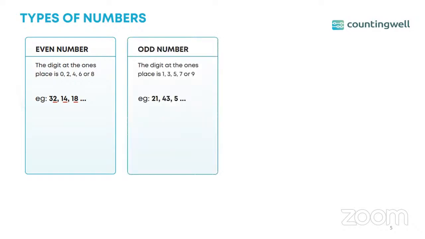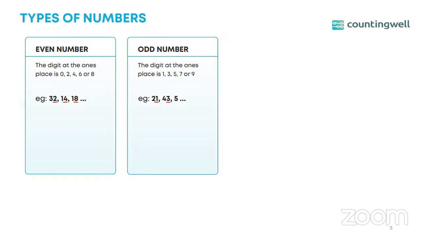Let us see what is an odd number. If the number has the digit at the ones place as 1, 3, 5, 7 or 9, we have an odd number. For example, 21. The digit at the ones place is 1.